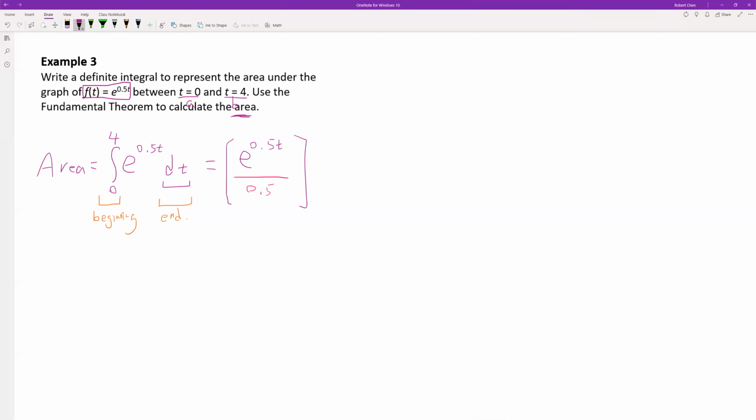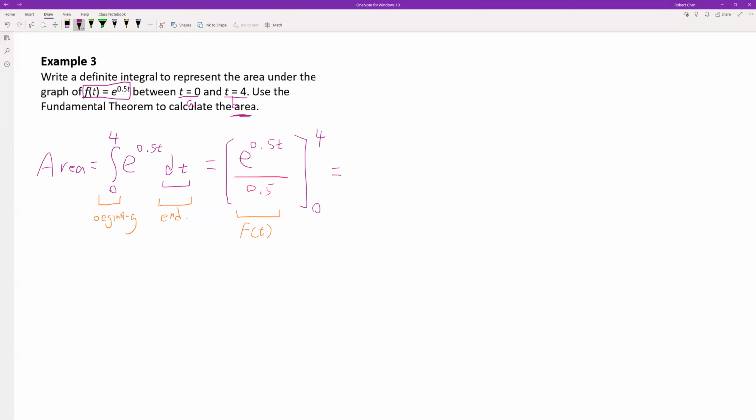Because this whole thing is the antiderivative, capital F of t. All right, we want to evaluate that from 0 to 4. Okay, and I know the previous example we wrote down capital F of 4 minus capital F of 0, but you don't have to write that. You can write it, just evaluate this directly, right?